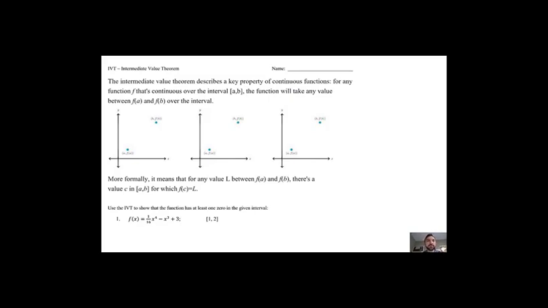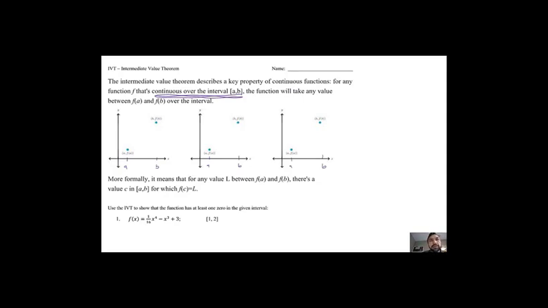So what the intermediate value theorem says is that if you have a continuous function between two values, like a and b, then the function would take any value between f of a and f of b over the interval.